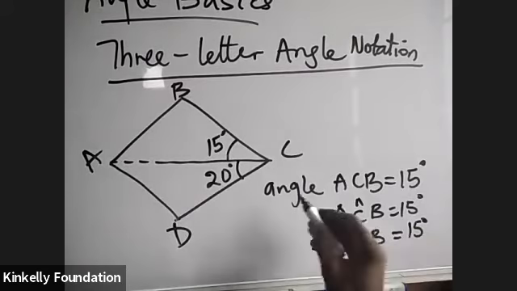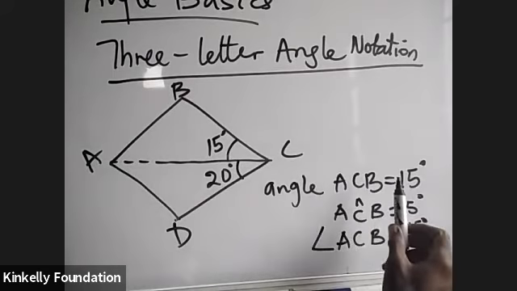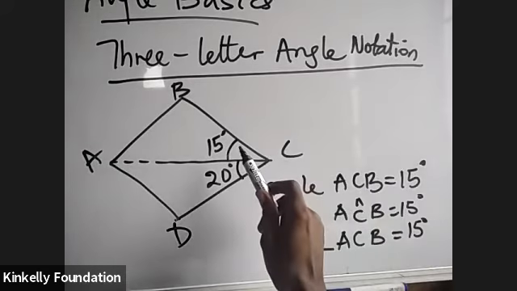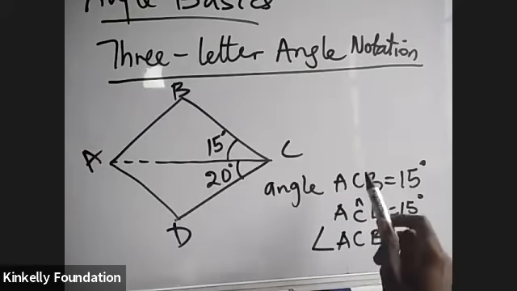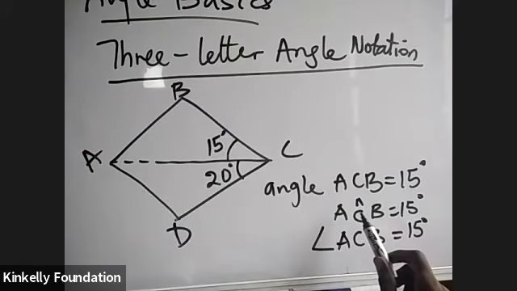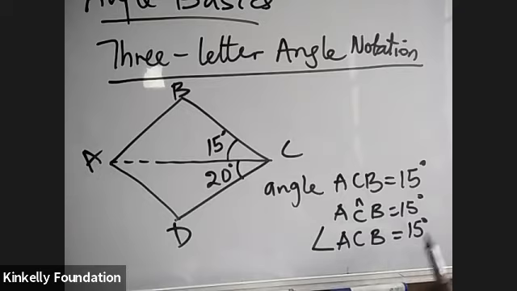If you don't have something like angle ACB, you may have it as ACB with a cap on top of the center one. And if you don't have either of these, you may have a symbol written like this: angle ACB equal to 15 degrees. So these are ways you can represent your angles.